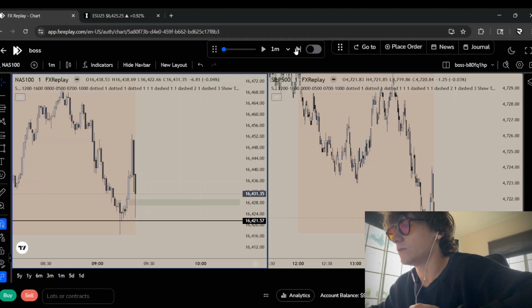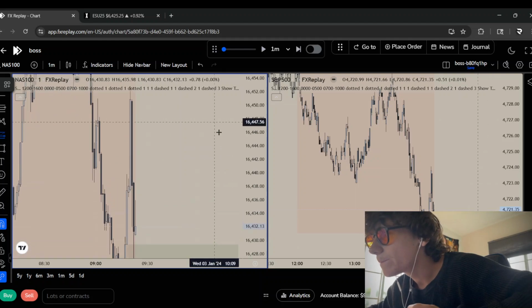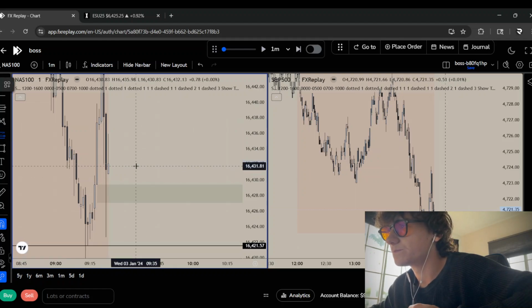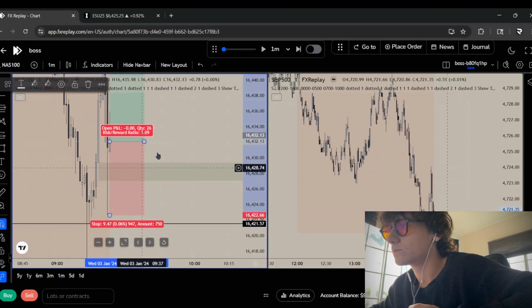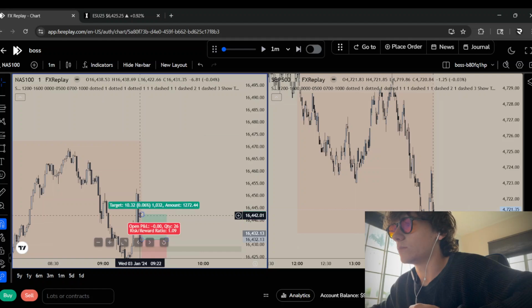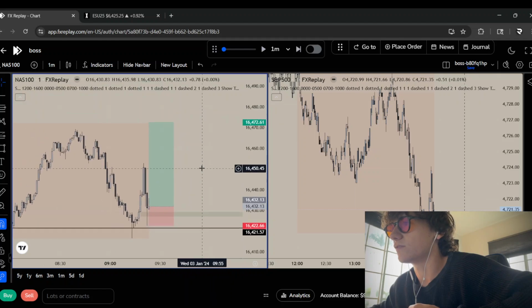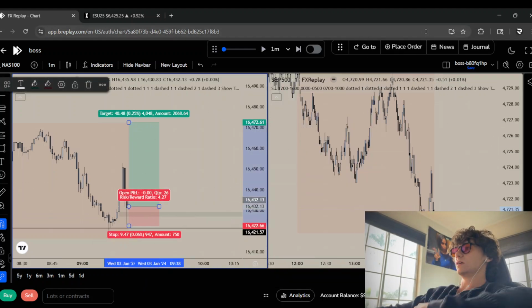Alright, we filled everything on ES, also making an SMT to the upside. Got an entry right here. Let's look at this real quick. What can we target? We'll just target New York session high 4.2. That's really good. Alright, forgot to click it. Like, I'm new to this.